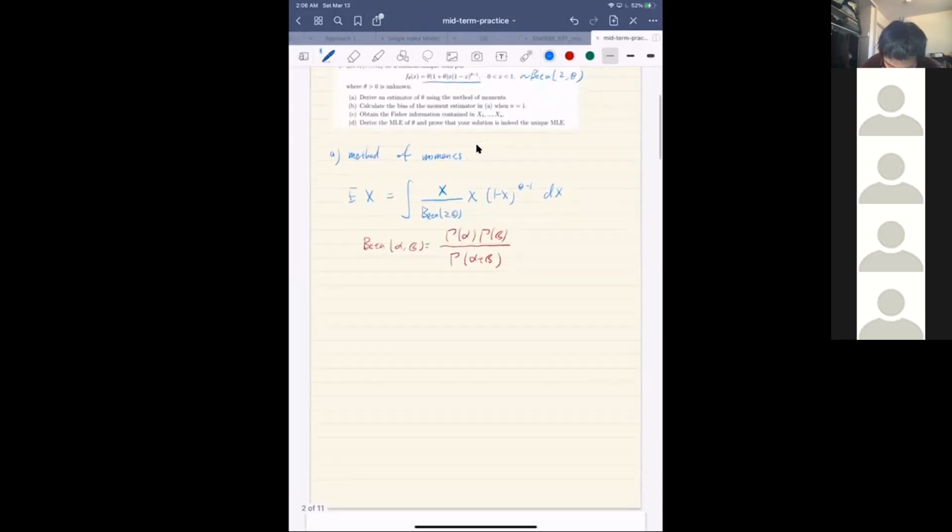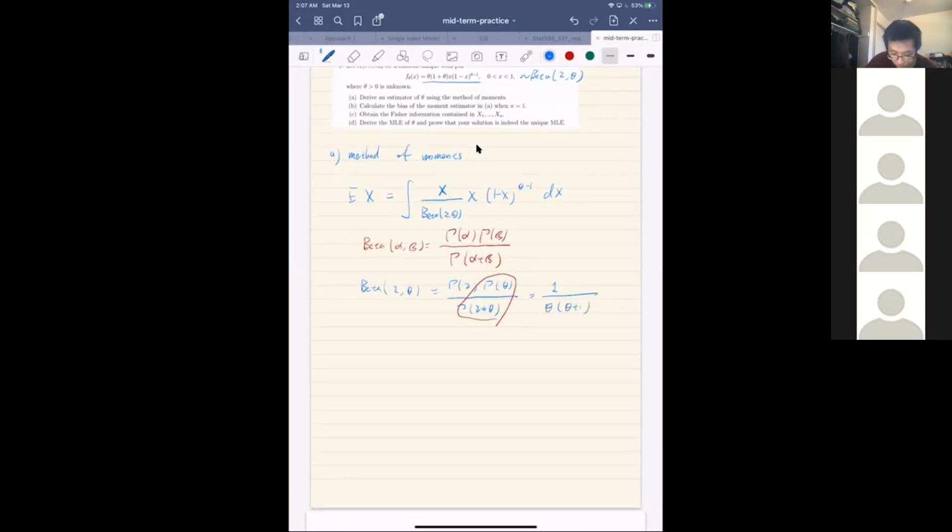So if it's beta(2, theta), then it will be Gamma(2)Gamma(theta) over Gamma(2 plus theta), and Gamma(2) is 2 factorial, so this should be 1, and the ratio of these two will be theta plus 1.